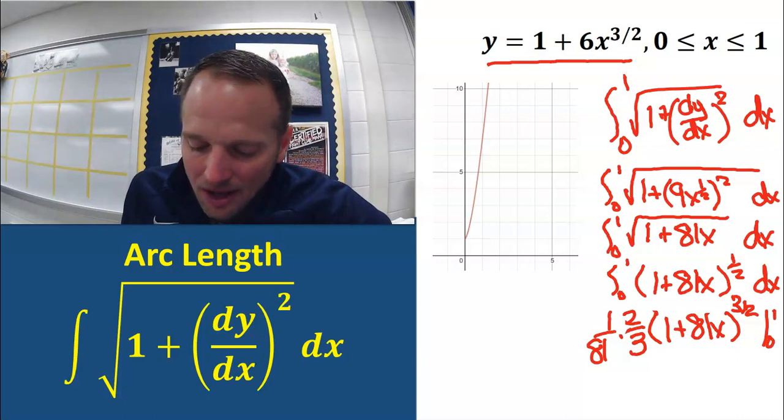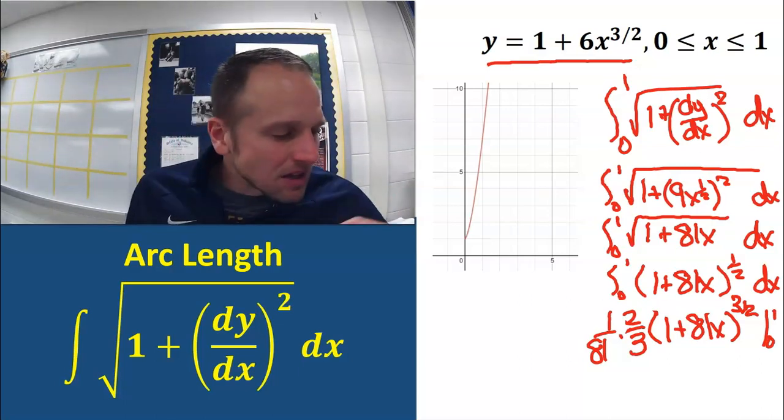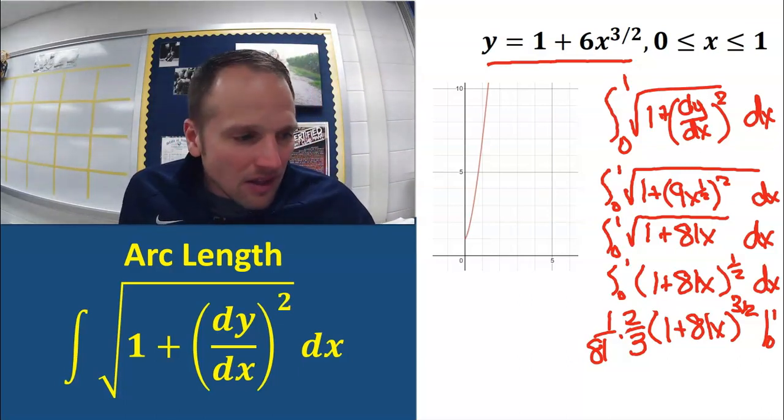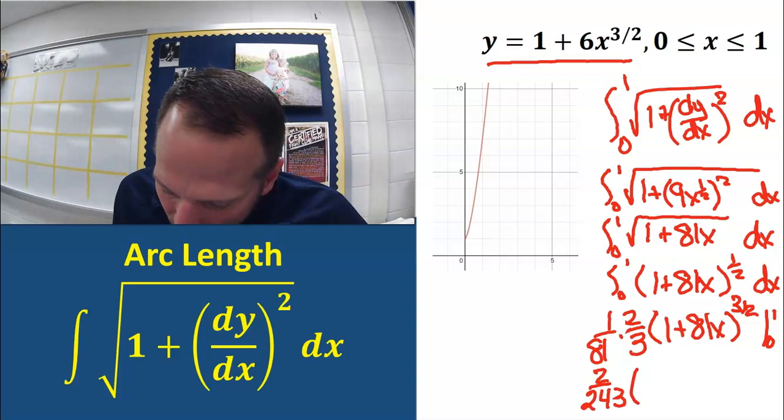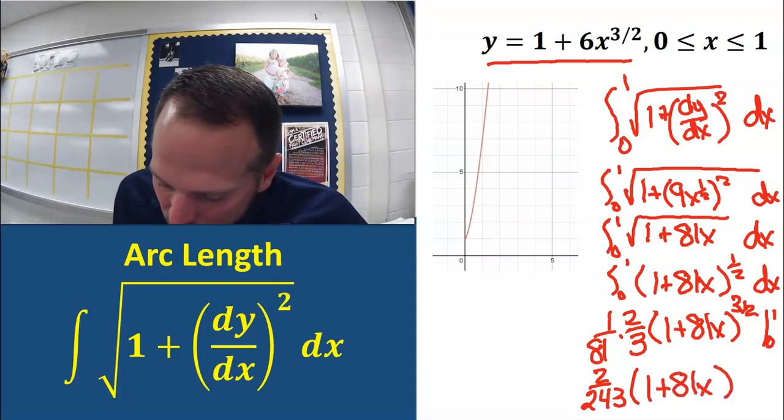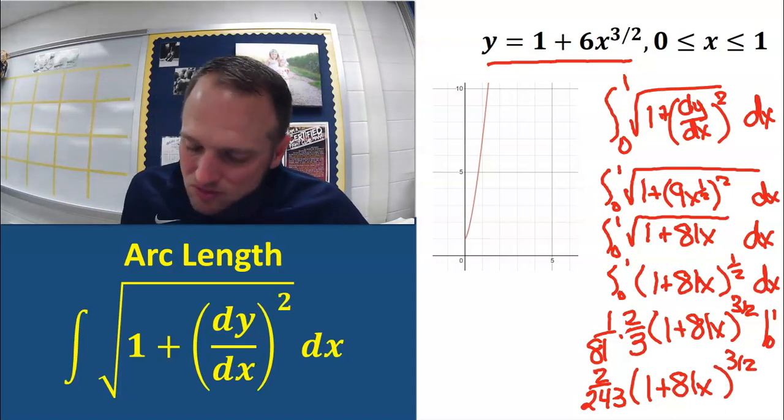All right, so cleaning this up a little bit, this is going to be 2 over 243 times 1 plus 81x to the 3/2.